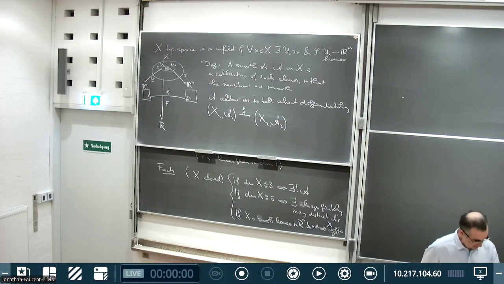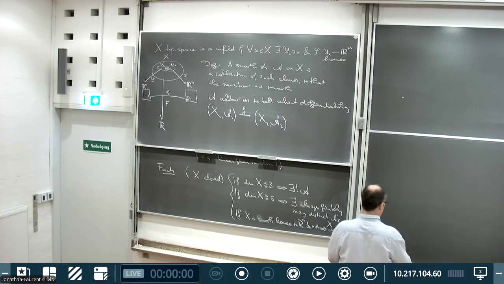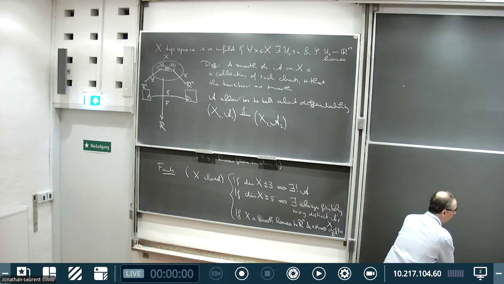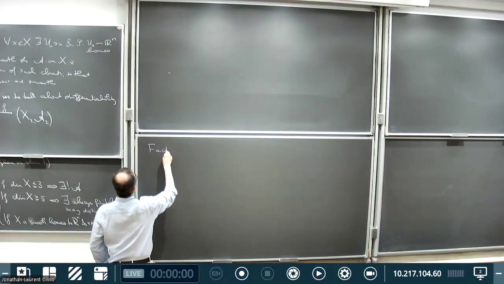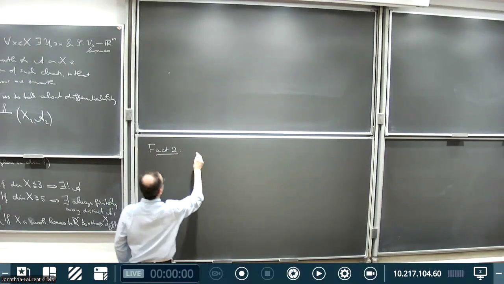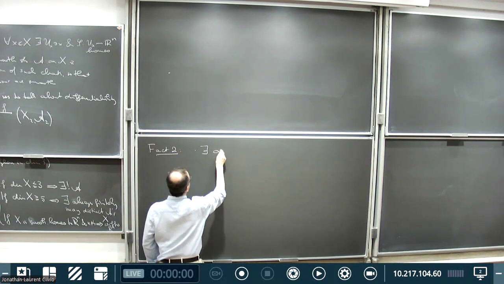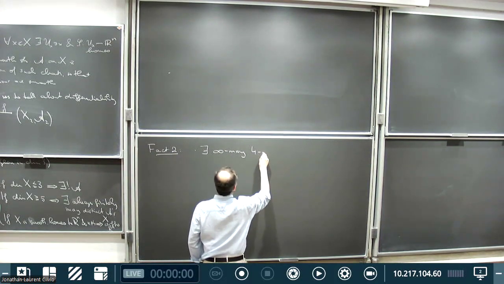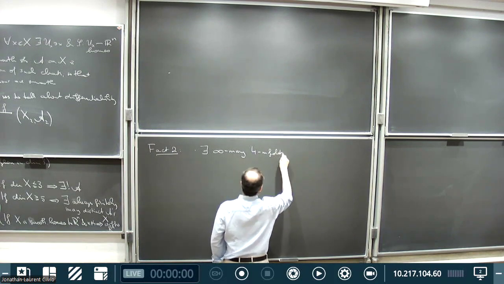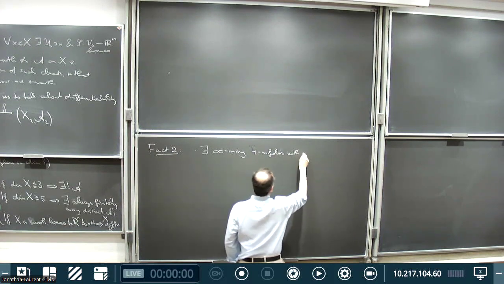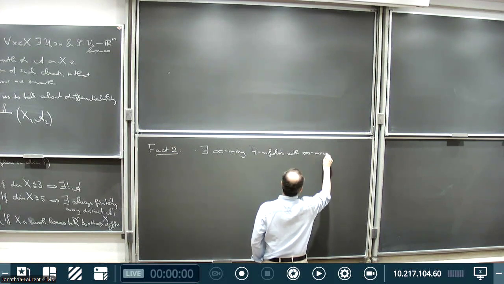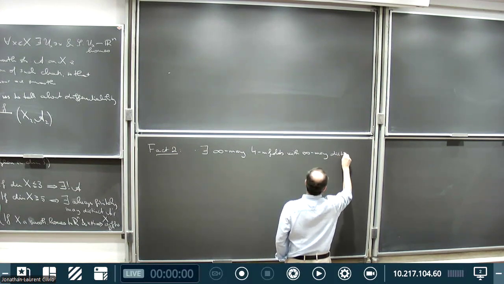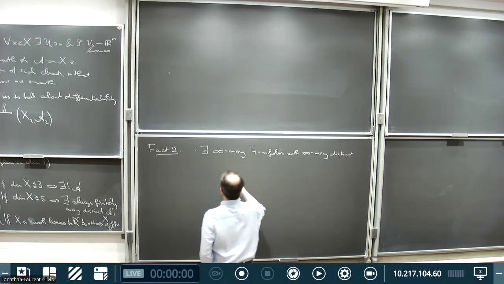And let me just state what other facts we will be more concerned with. Fact number 2: there are infinitely many four-manifolds with infinitely many distinct smooth structures.